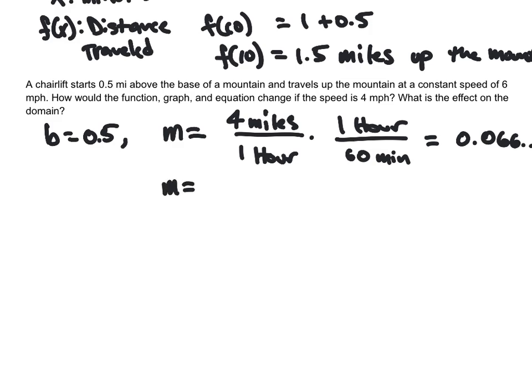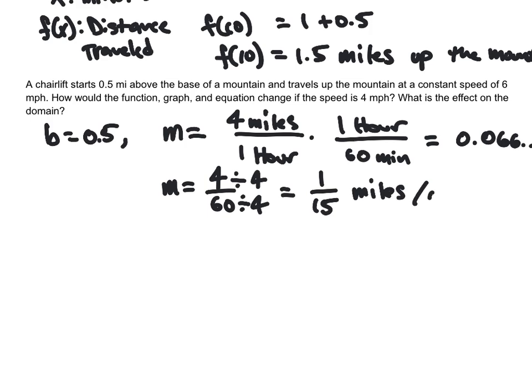But let's simplify this fraction. If I have 4 over 60, each of these is divisible by 4, which would end up giving us 1 over 15. I'm going to put this as a fraction, and that's miles per minute.